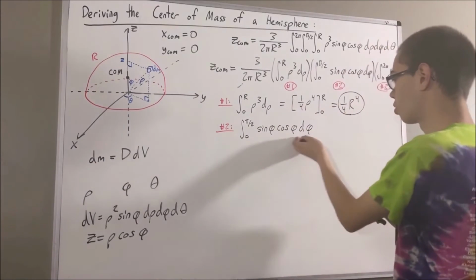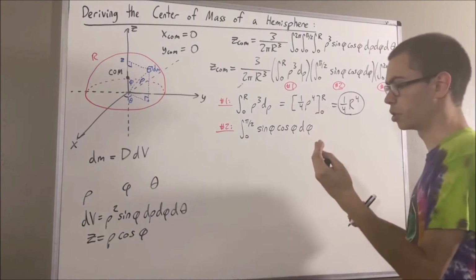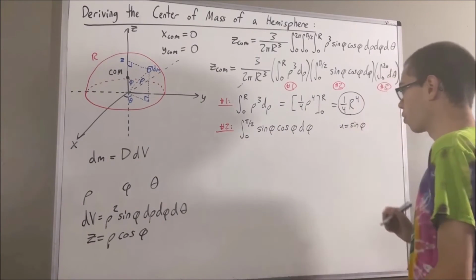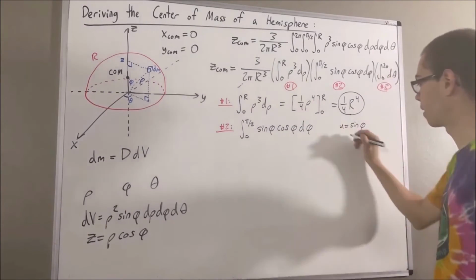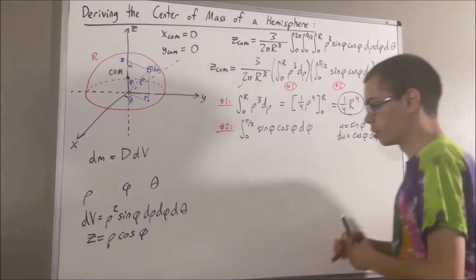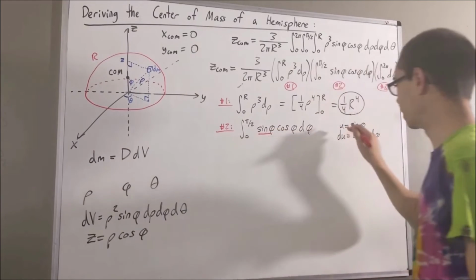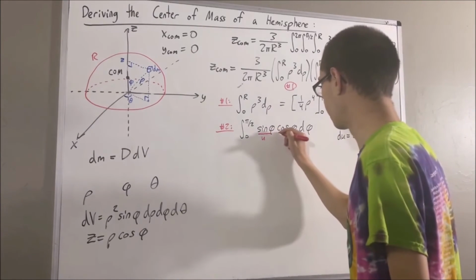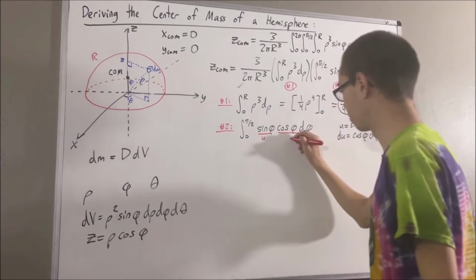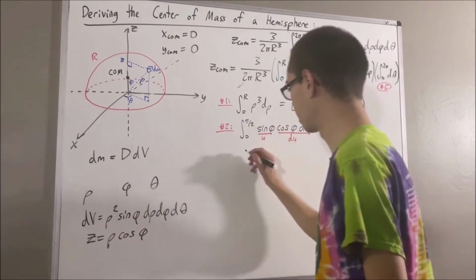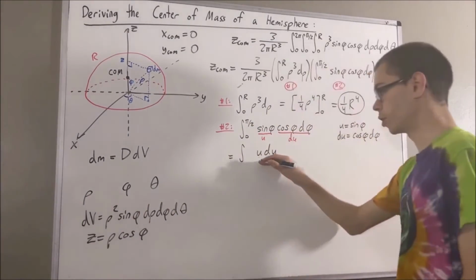Now, to evaluate this integral, we can just use u substitution. We'll take u to be sine phi, and therefore du is cosine phi d phi. So as you can see, we're going to take sine phi to be u, and cosine phi d phi to be du. So really, our integral becomes the integral of u du.